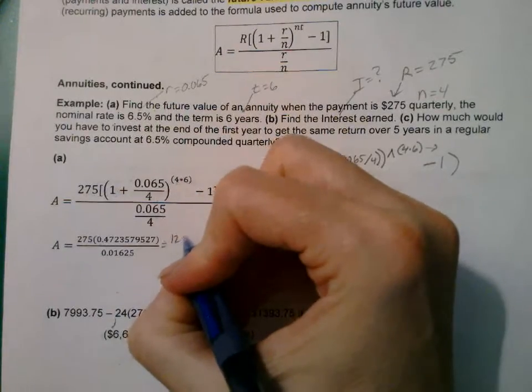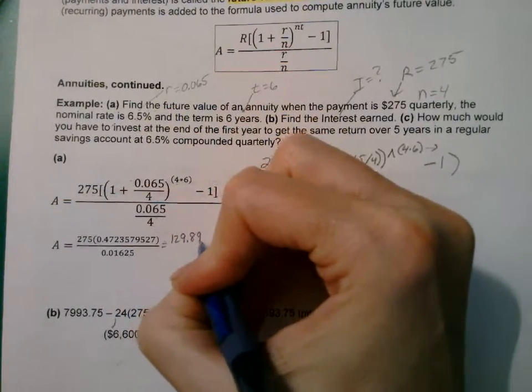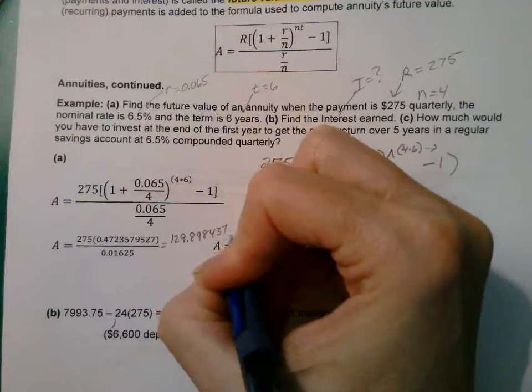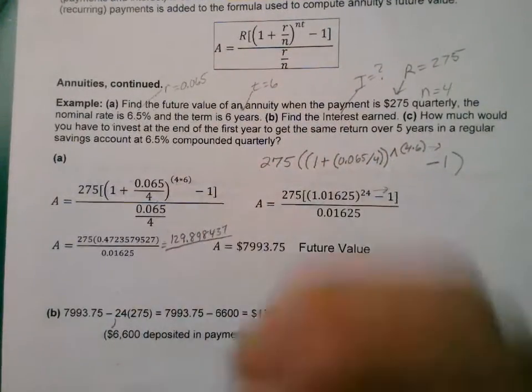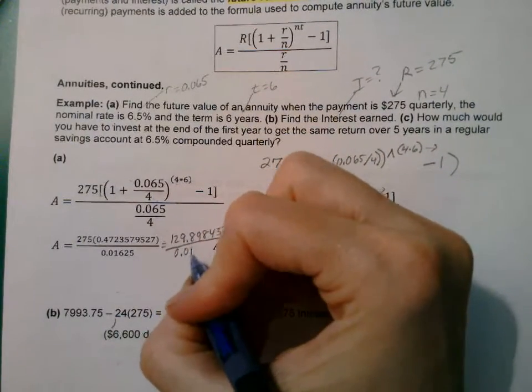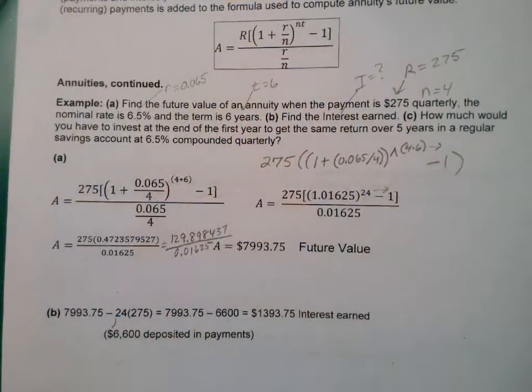I got 129.898437. I'm assuming this number is correct here. So divide that by 0.01625, and that gets me that. Okay, future value.